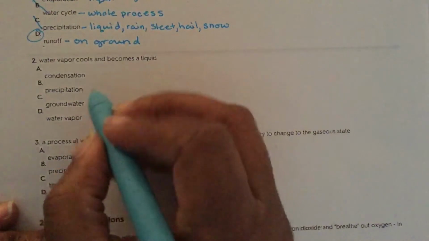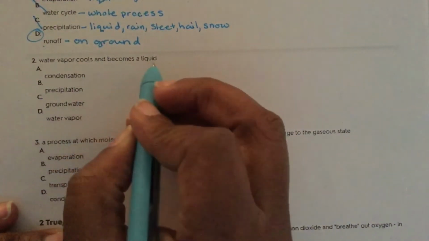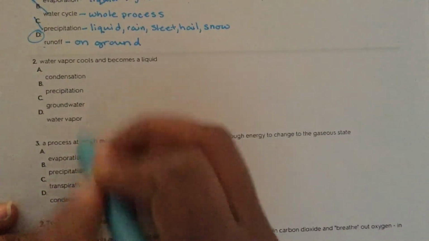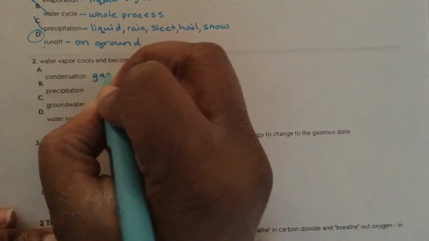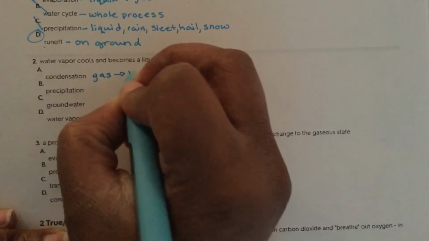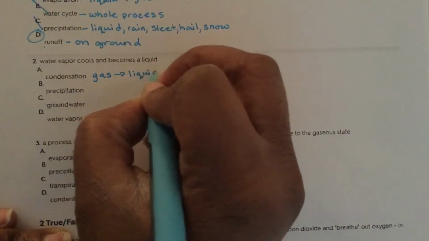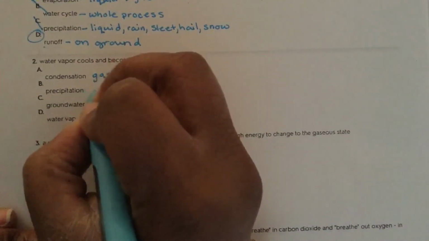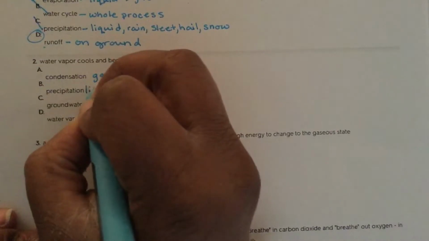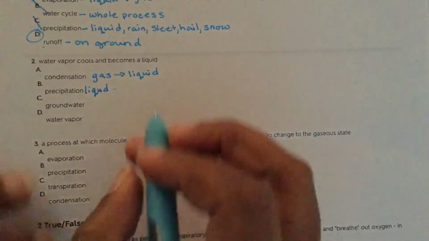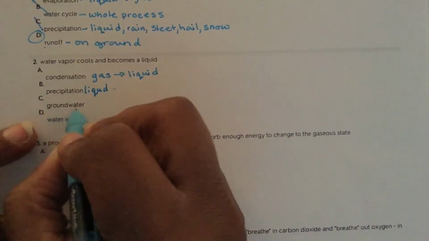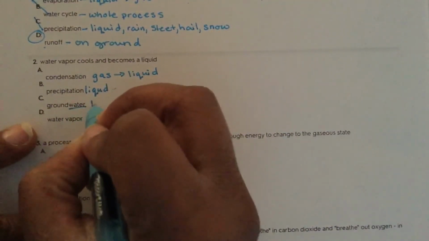Number 2, water vapor cools and becomes a liquid. Condensation, I know that starts out as a gas and turns into a liquid. Precipitation, we just said earlier, is a liquid, but it doesn't change states, so it stays as either rain, sleet, hail, or snow. Groundwater is water, which is a liquid.